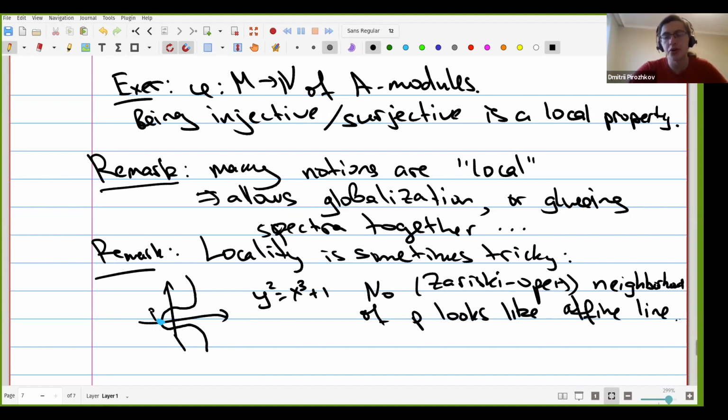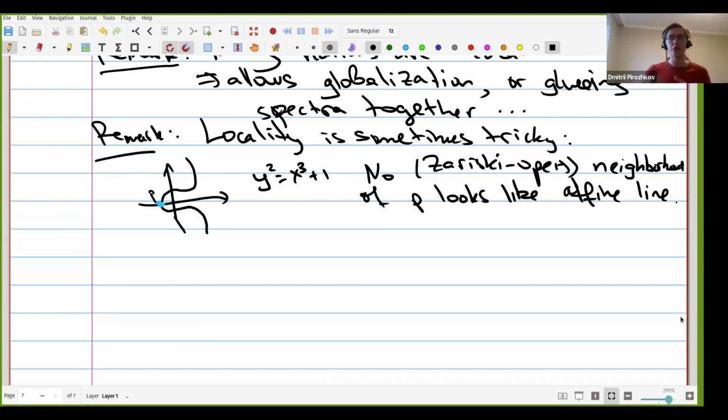So for usual smooth topological manifolds, in fact even the definition says that any point has a neighborhood that's isomorphic or diffeomorphic to some open subset of R^n. But in algebraic geometry, if you use this Zariski topology, sometimes this is just not true.